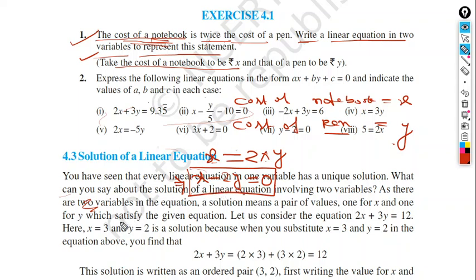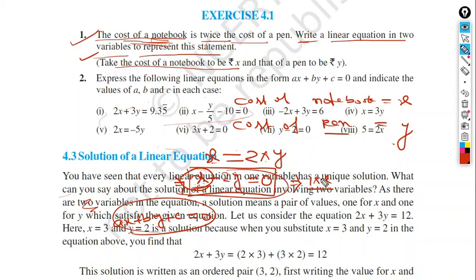Because the standard form was ax plus by plus c equal to 0. You can see x is there, that means a is 1. We can write it in the form ax plus by plus c equal to 0. How can we see this? 1 into x, that means a is equal to 1 here.